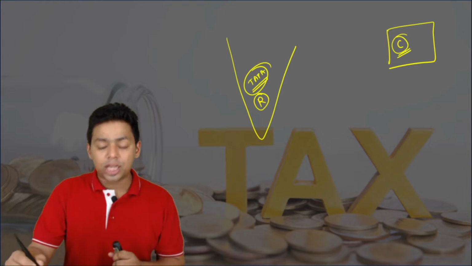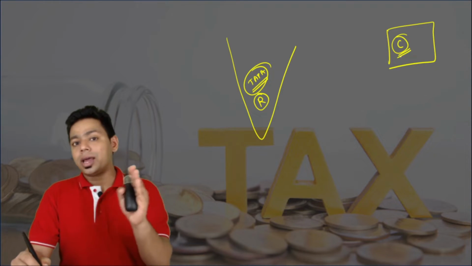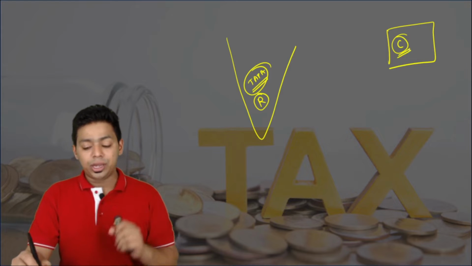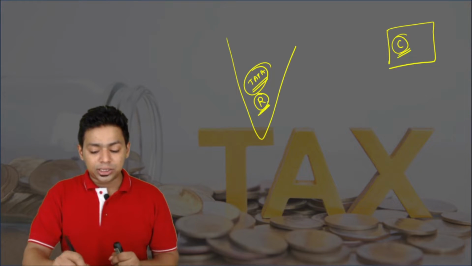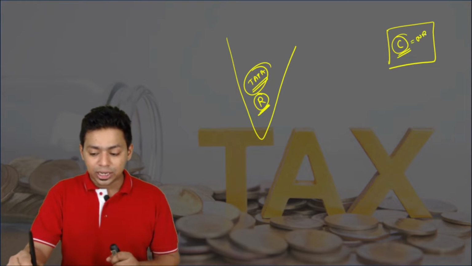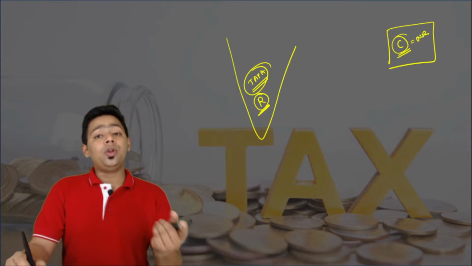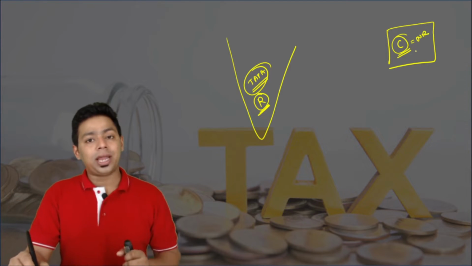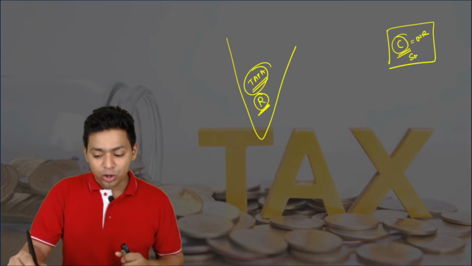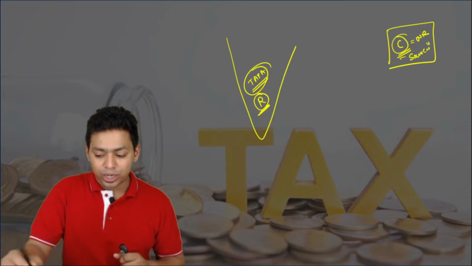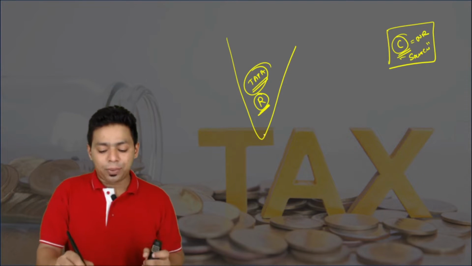Now think from Canada's perspective. So far as Canada is concerned, listen very carefully. This Indian resident person is a non-resident in Canada, but a non-resident should be liable to pay tax in Canada as well, because the source of the income is located in Canada. So what is happening here?